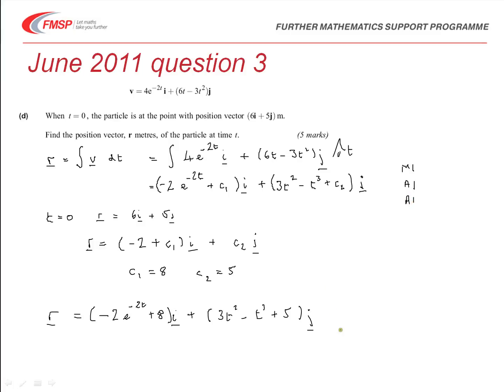For then determining the values of c1 and c2 in our expression, we get a method mark, and finally for having the correct solution we get 1 mark.